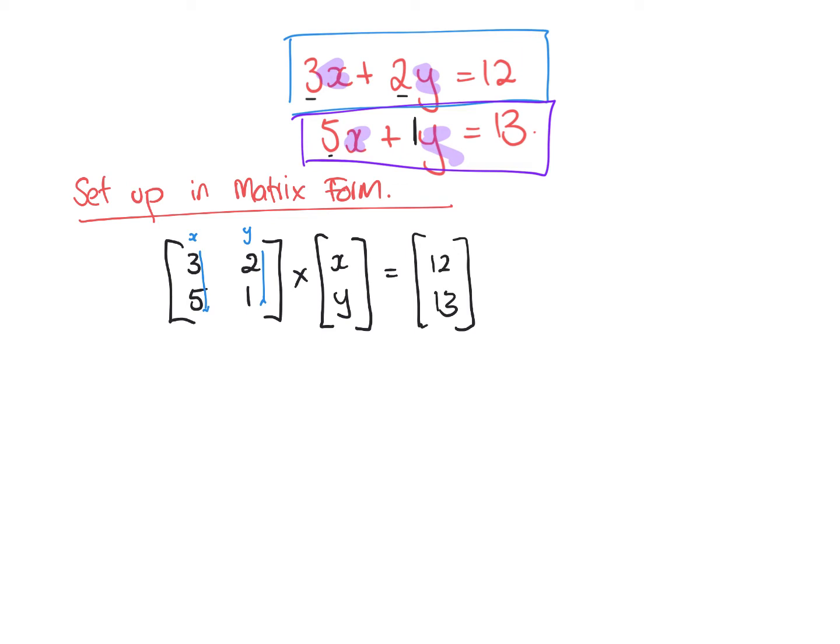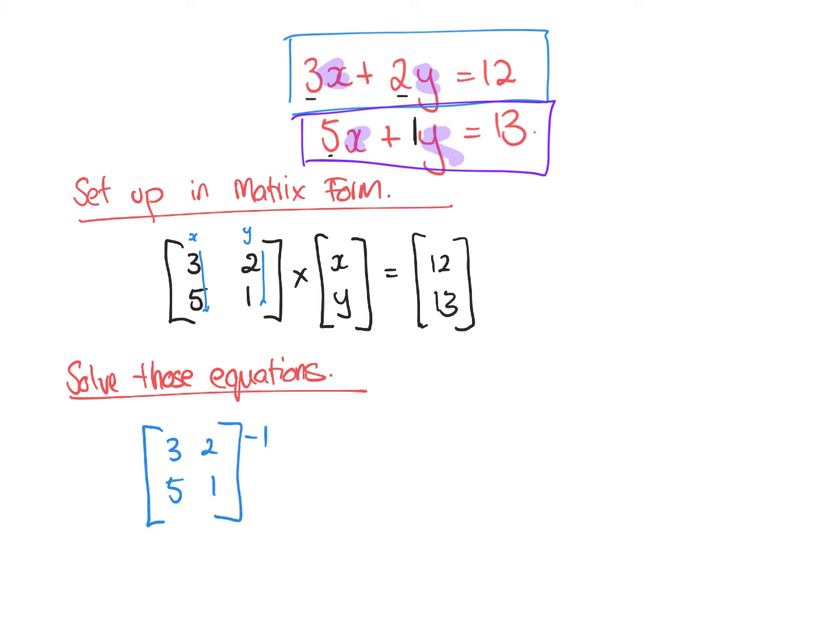So sometimes they'll ask you to set up those equations in matrix form. That's what you do. Now, if they ask you to solve those equations, you take this matrix, the 3, 2, 5 and 1, find the inverse of that one, and times it by that other one, the 12 and 13.